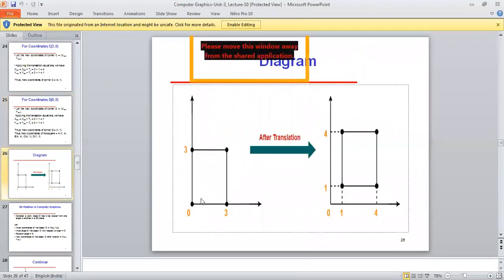First you have to draw the initial diagram when there was no movement, and after translation, after the movement, you will get this. Now you can see and judge yourself. This is the movement. Here you get the coordinates for A, B, C, D, and with the help of the coordinates you can draw this type of diagram. So this is the movement.